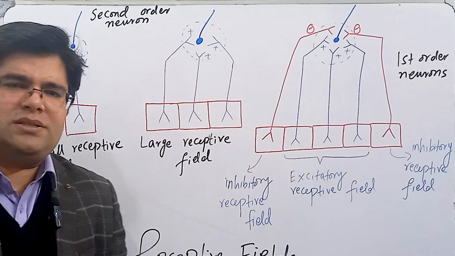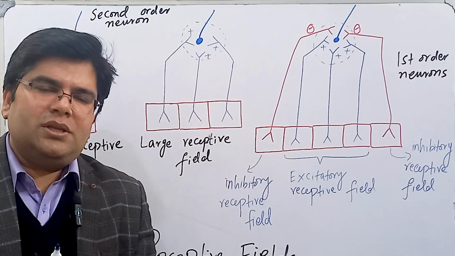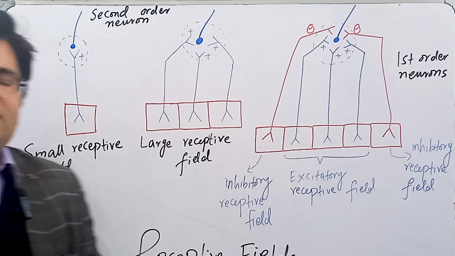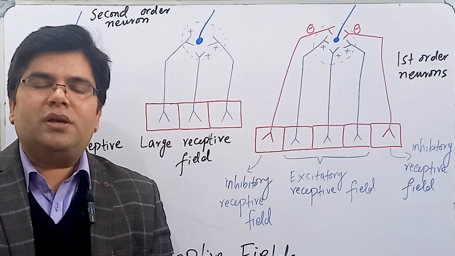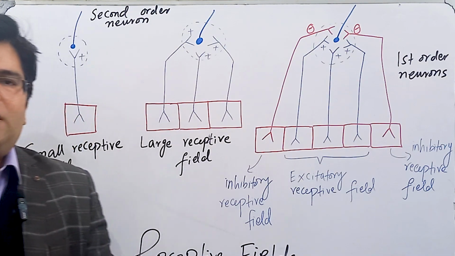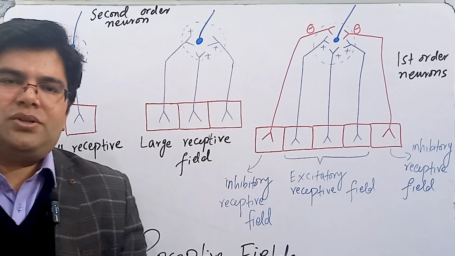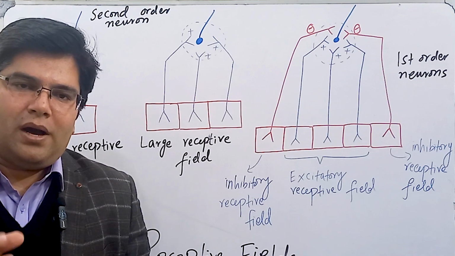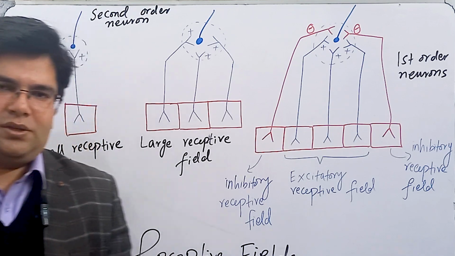The receptive fields may overlap on each other, and they can also interdigitate. Those areas of our body which have smaller receptive fields are better able to detect sharp or acute sensation.